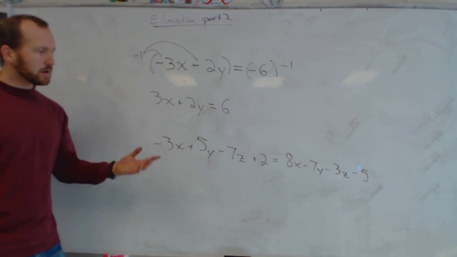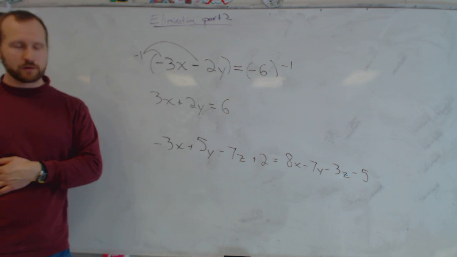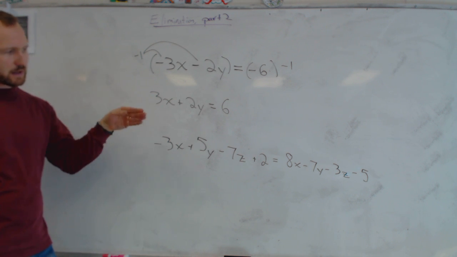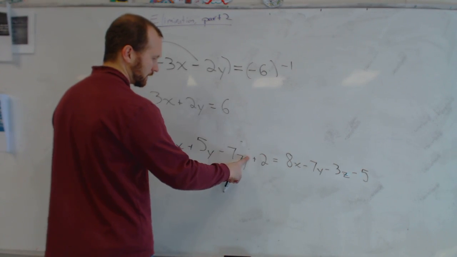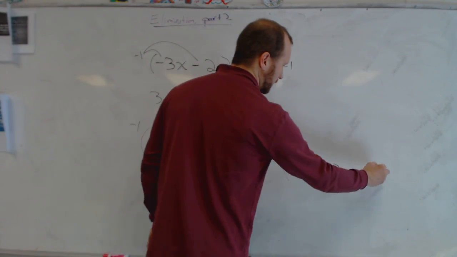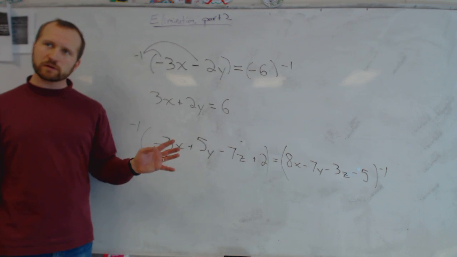We can multiply both sides by negative 1 very quickly. All we're going to do is switch the sign of everything, the whole entire equation.